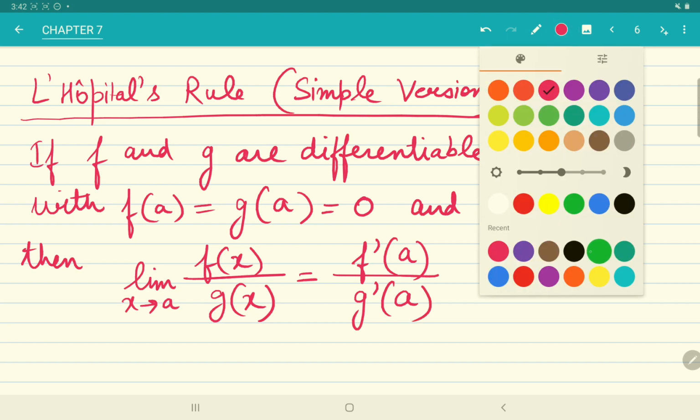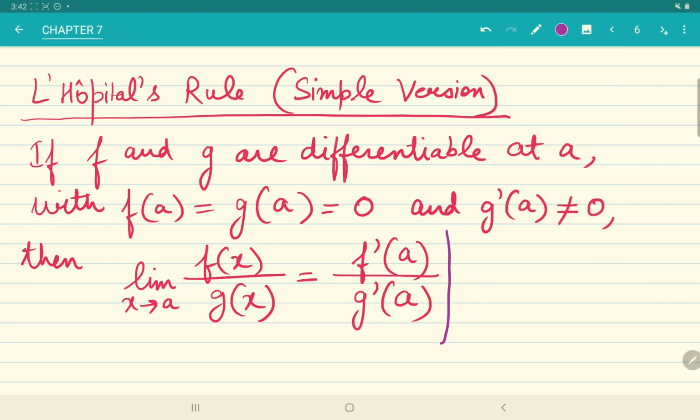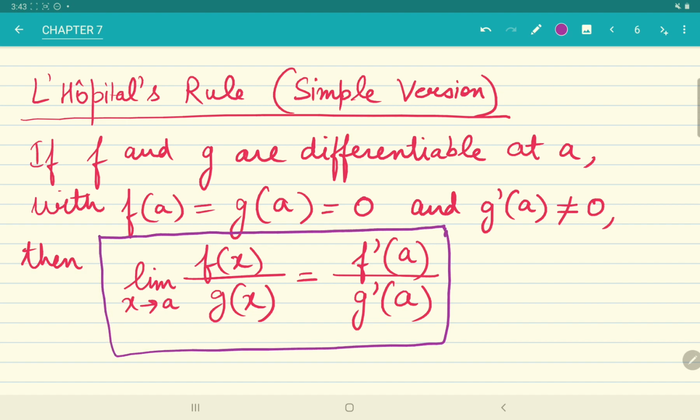And this is nothing but my L'Hopital's rule in its simple version.